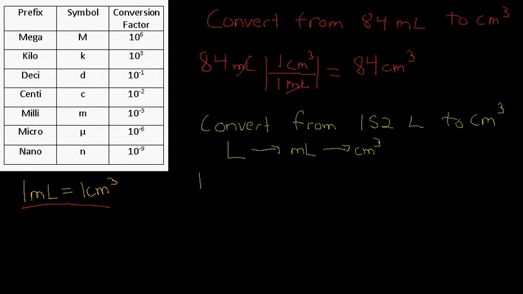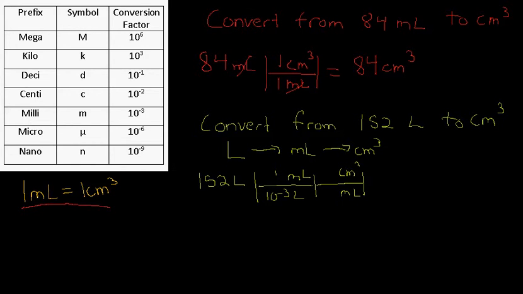Again, same setup for conversion. I start with 152 liters, and I'm trying to get to milliliters first. That's what my conversion track tells me. So I'm going to put mL on the top, L on the bottom. The conversion factor is 10 to the negative third, 1 up there. And now from milliliters to centimeters cubed, I want milliliters to cancel.